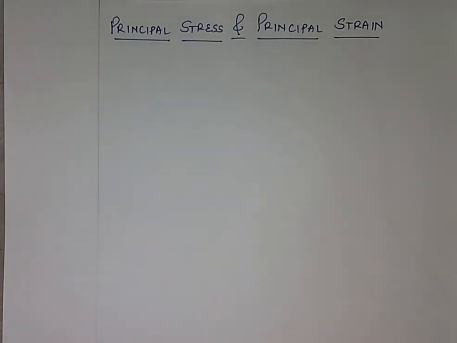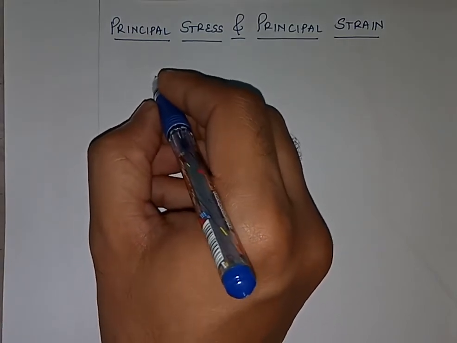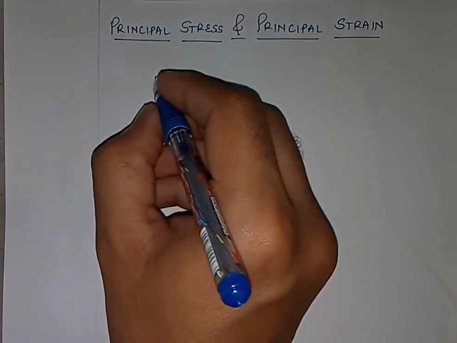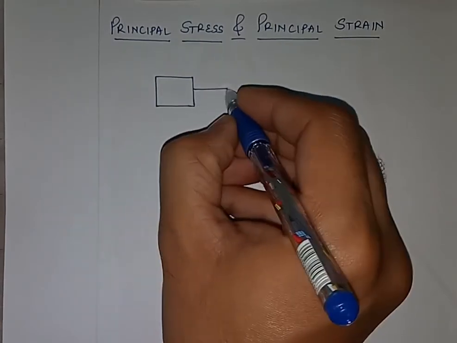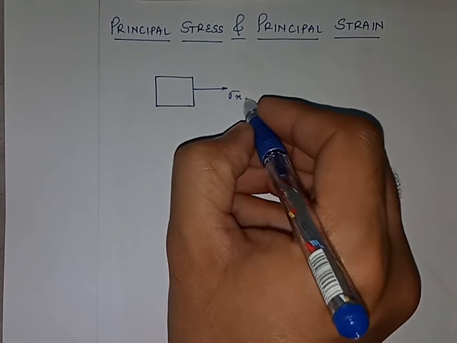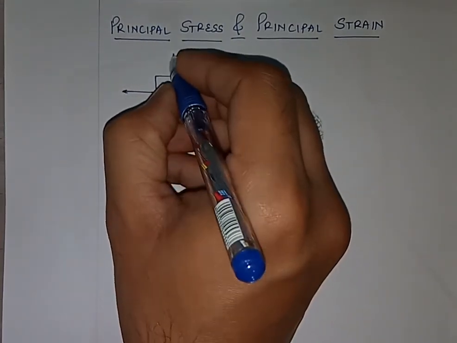In order to explain what principal stress and principal strain are, first we should know what a principal plane is. To understand this, I take a biaxial element into consideration. It is sigma x on both sides, and on this side it is sigma y.